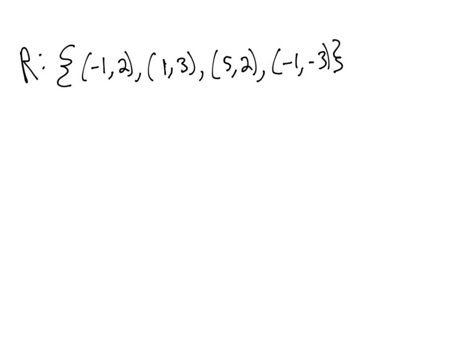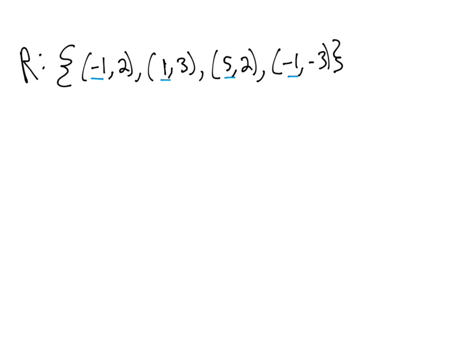Another way that a relation can be expressed is with ordered pairs. For a list of ordered pairs to represent a function, remember each input can only point to one output. So let's look at all the inputs. The inputs are -1, 1, 5, and -1. Does each of these individual inputs point to only one output?